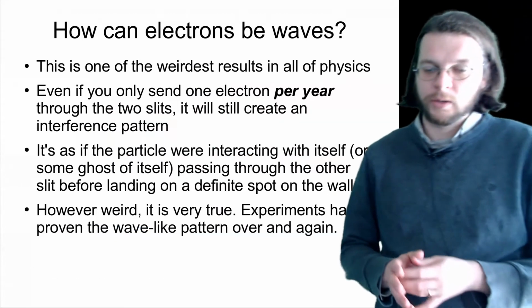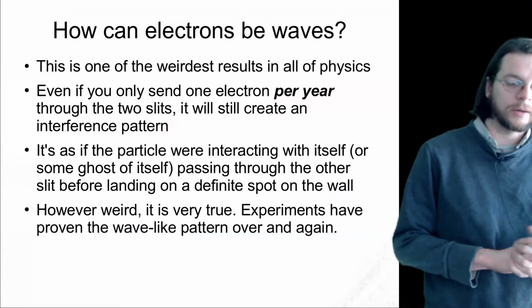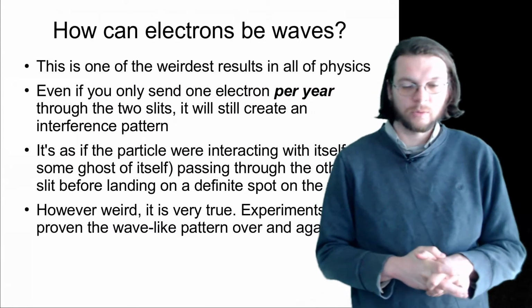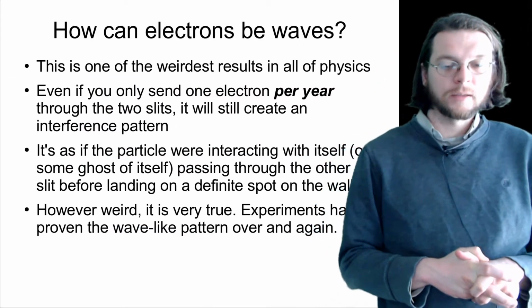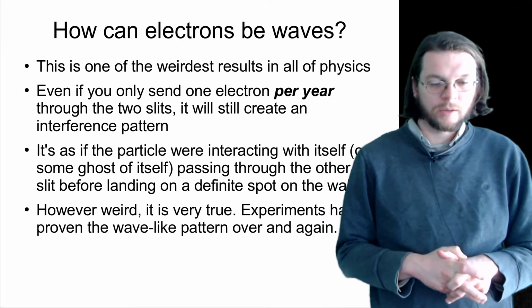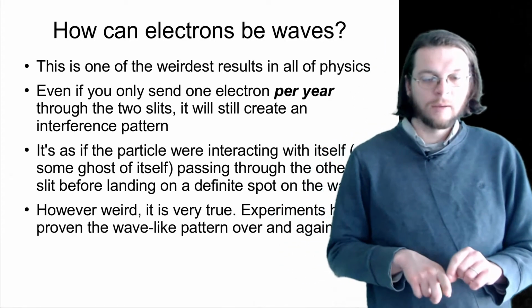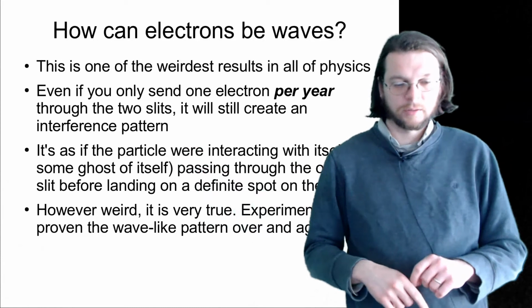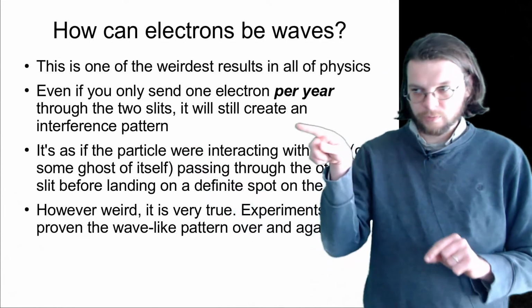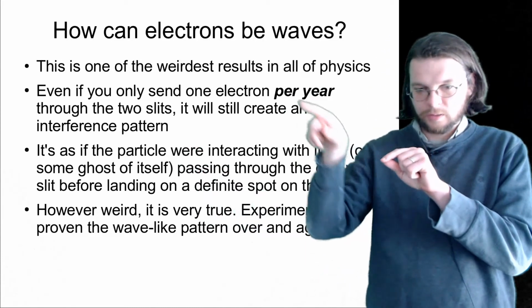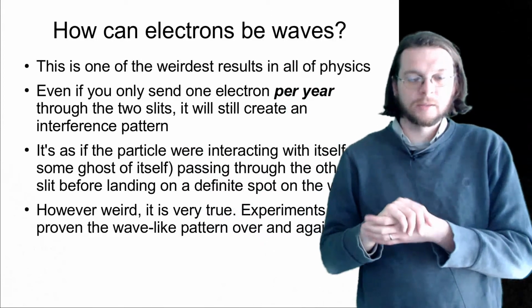And one of the weirdest things about it is that you might wonder, well, if I just shoot the electrons through one at a time, maybe then they just act like bullets. And so if I just shoot them through one at a time, they'll just make a nice little outline of these little openings.